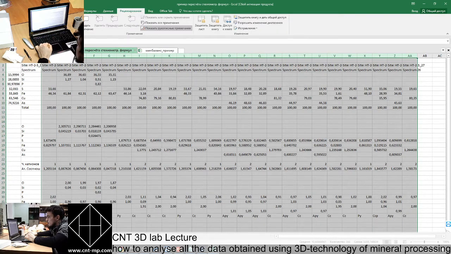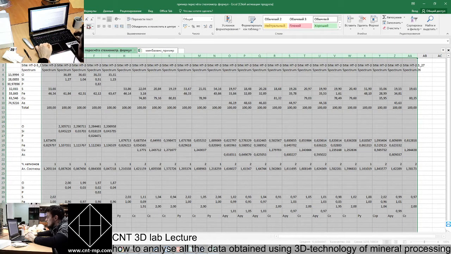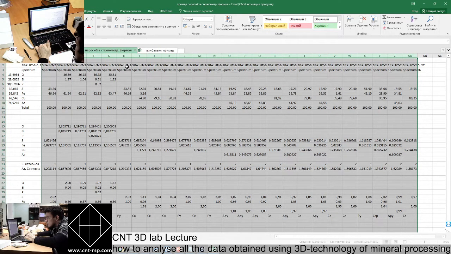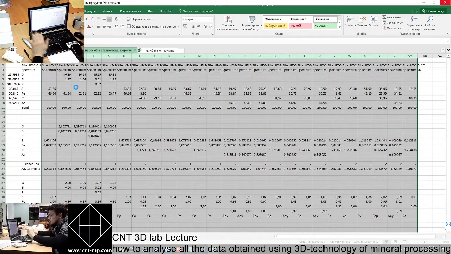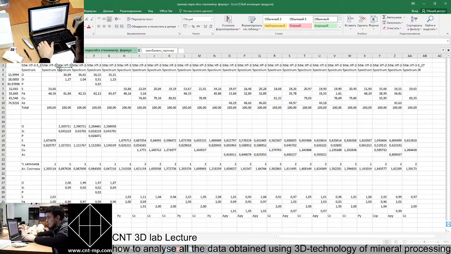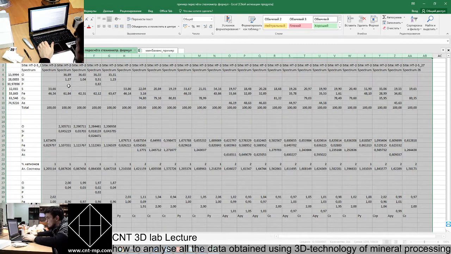Let me just make a little bit more width of each column, because it's impossible for you to see anything in this small scale. Just a moment.